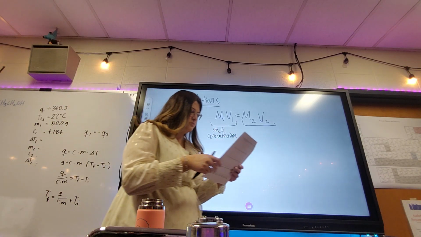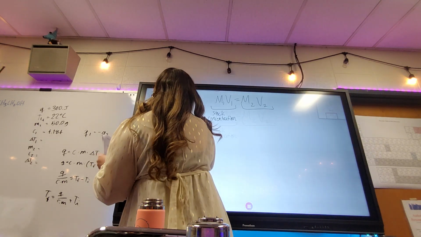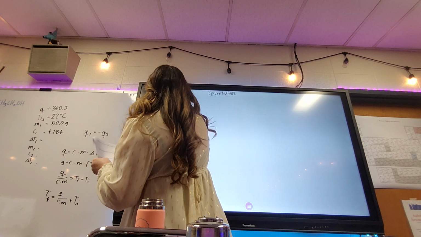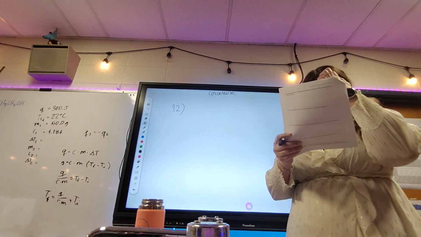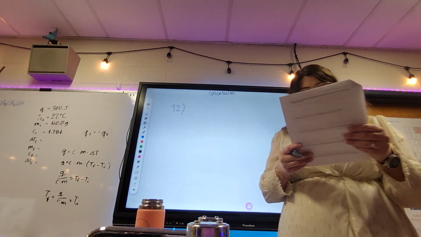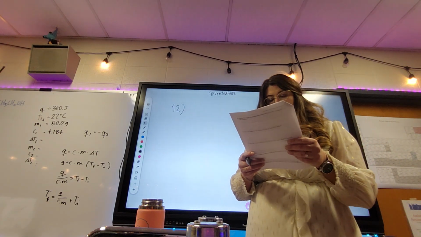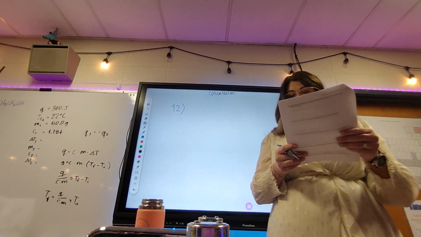Okay, so let's look at number 12, for example. Number 12 says, what volume of a 1.25 molar KNO3 solution is required to make 1 liter of a 0.1 molar solution by dilution?